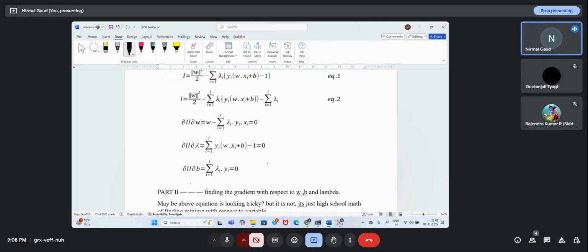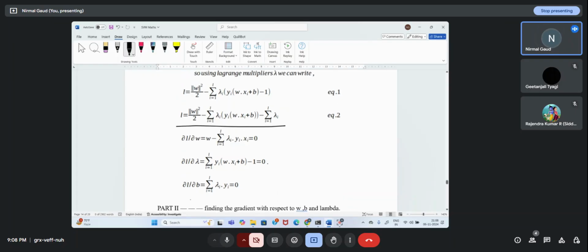First, they multiply lambda i inside, and then they perform del L by del W. Here the partial differentiation is with respect to W. I am getting W minus lambda i yi xi in the multiplication. This is equal to 0.